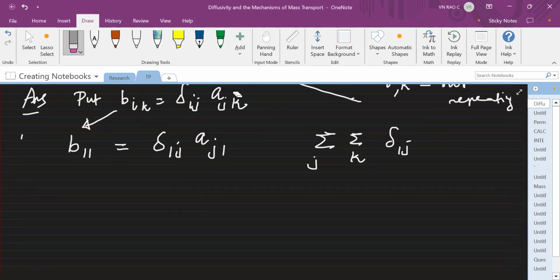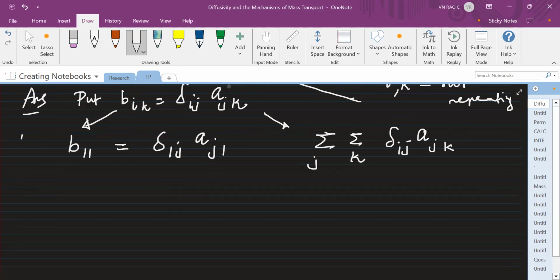So this is aj1. Actually, this portion, let's see this, this portion jk. So this is ij jk. Both are the same, so here also the same.